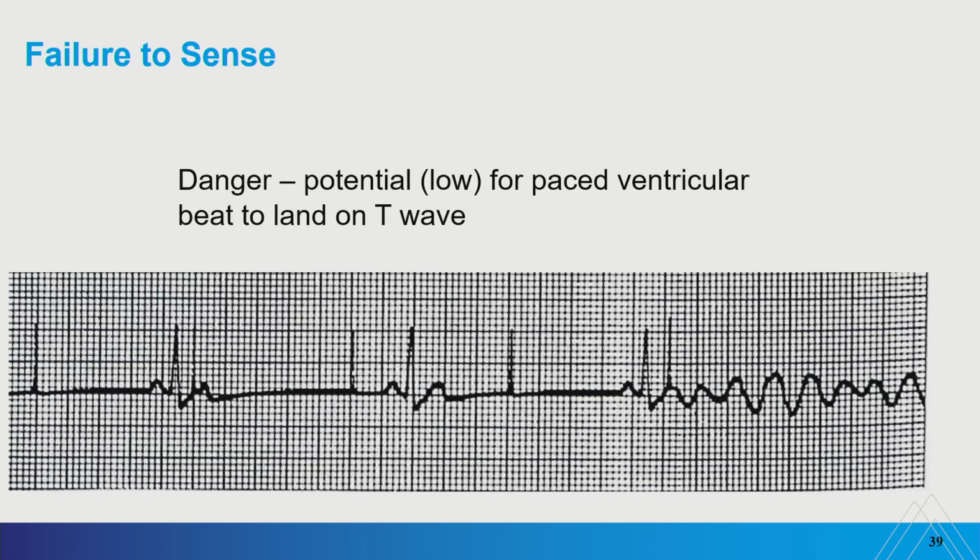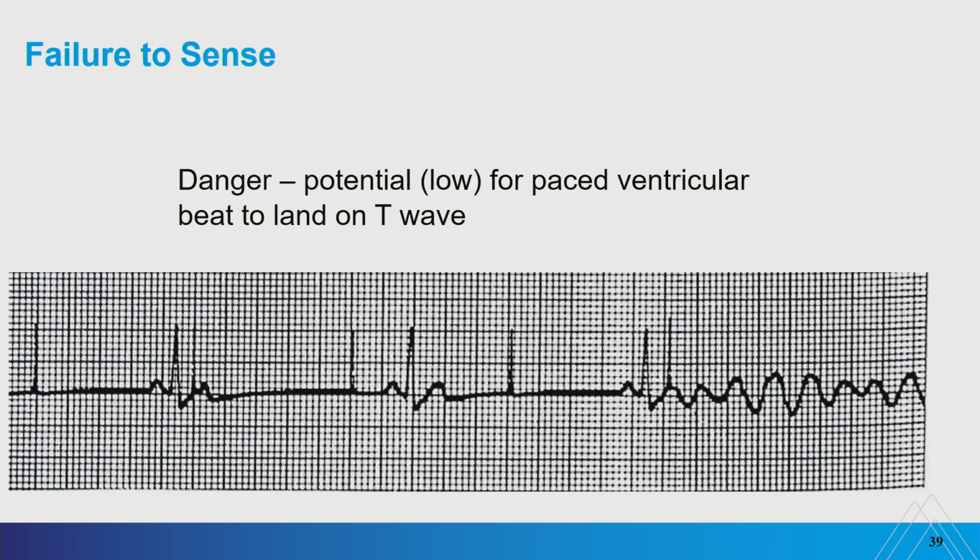All right, well, this is a VVI pacemaker, and we missed a lot here, and it caused a lot of harm to this patient. So it looks like this was a ventricular spike here. What was the problem? Failure to capture. So how would I have fixed that? Increase the mA. Here, it looks like there's another spike.